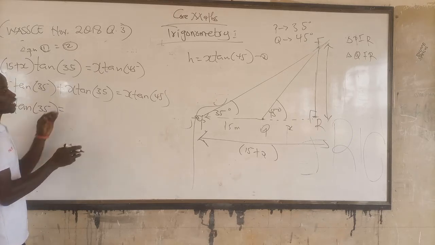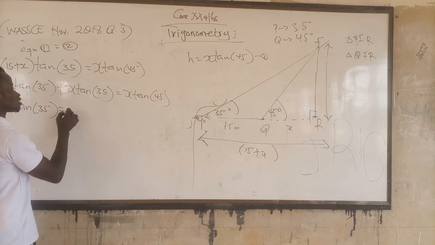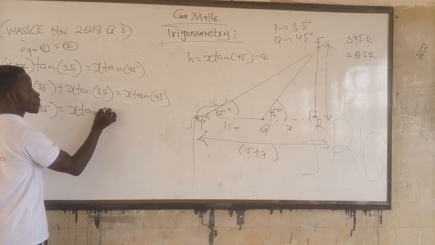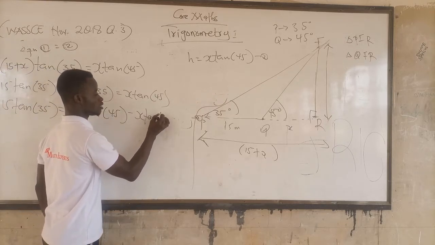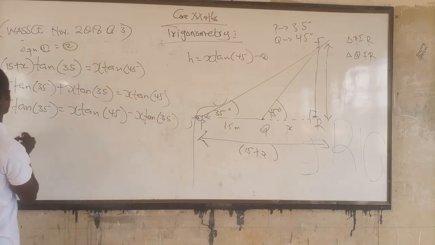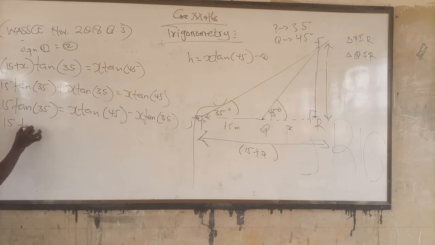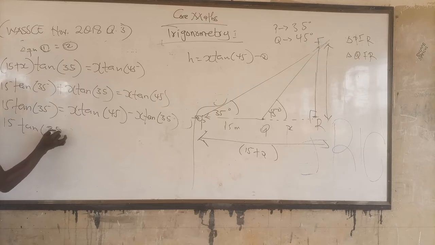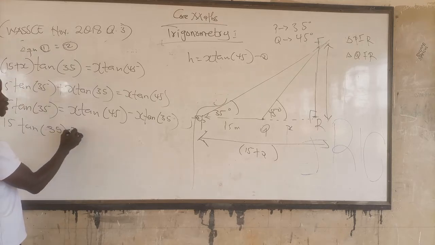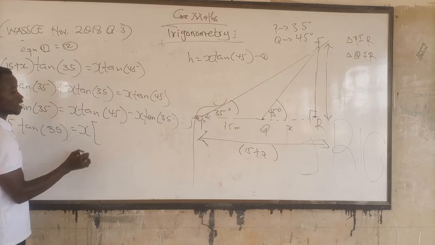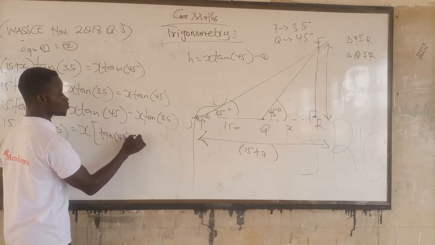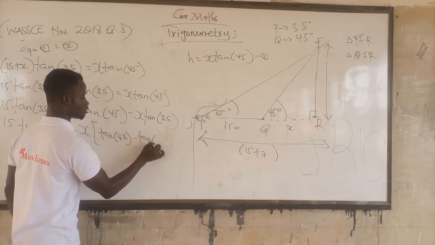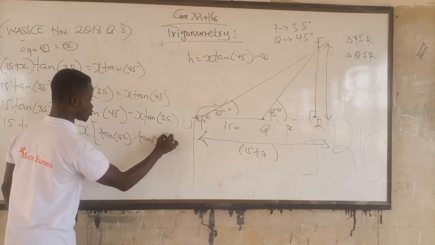So 15 times tan 35 will be equal to, we are sending the one in terms of s to the side, s times tan 45 minus s times tan 35. So 15 times tan 35 is equal to, let's factor s out, s times tan 45 minus tan 35.